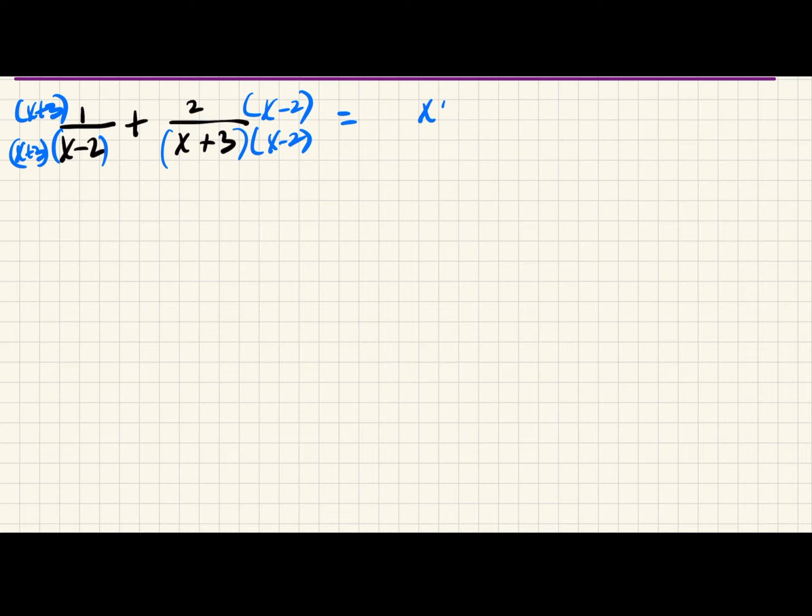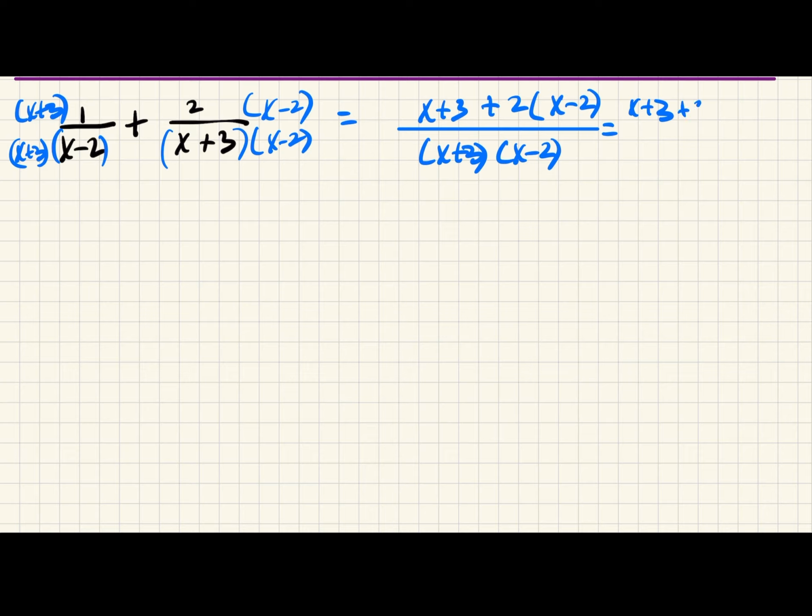So we'd have a common denominator, so we would combine numerators. x plus 3 plus 2 times x minus 2 over x plus 3, x minus 2, which would turn out to be x plus 3 plus 2x minus 4 over x plus 3, x minus 2.